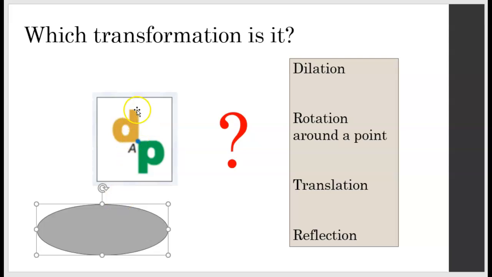So this one, what you want to think about, first off, it's about a point, right? Because we've got point A there in the middle. So if we take this corner where my cursor is sitting right now, and you think about that being on the end of the minute hand of a clock, and that thing goes around the clock, and it ends up right there.